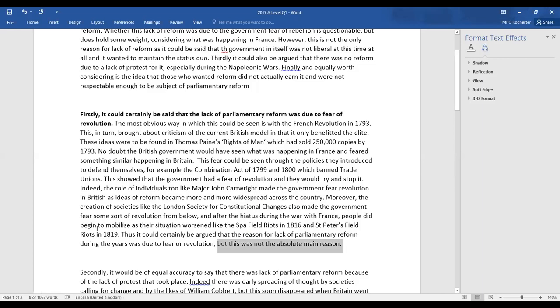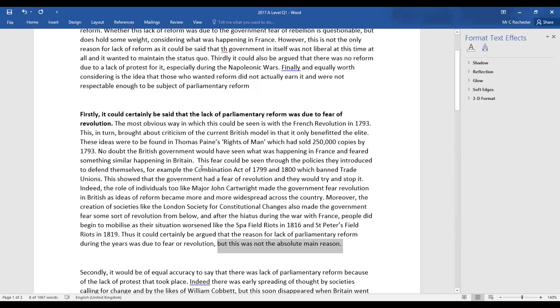Now, this isn't one that I've written. This is one that was taken from the exam board website on the examiner report. Is there a lot of detail there? Yeah, it shows that the person knows their stuff. Is it as detailed as we would do? Yes and no. There are definitely some places where it can be developed.